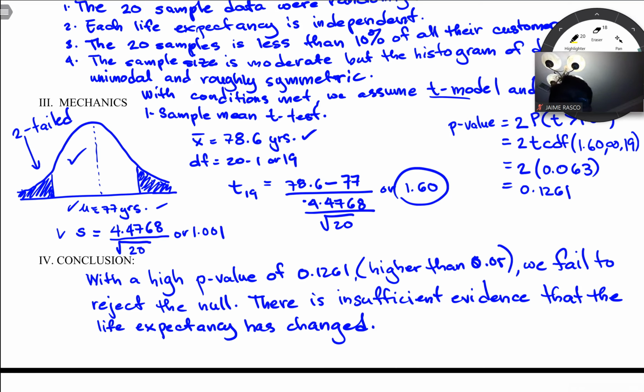With a high p-value of 0.1261, higher than 0.05, we fail to reject the null. There is insufficient evidence that the life expectancy has changed. Yay!